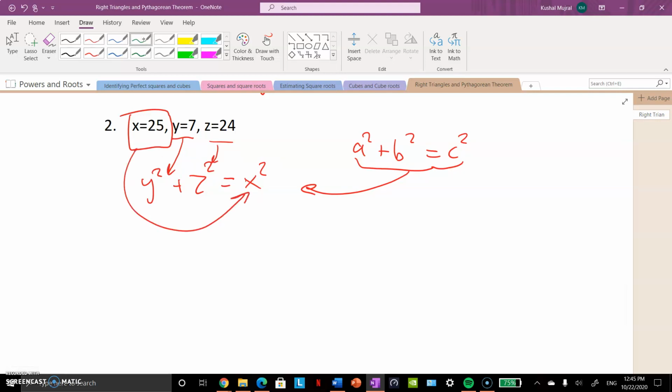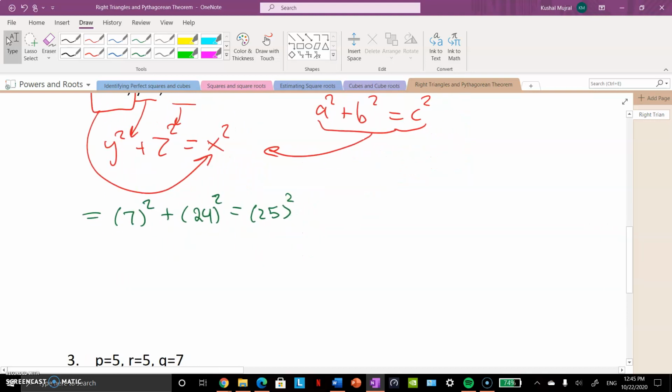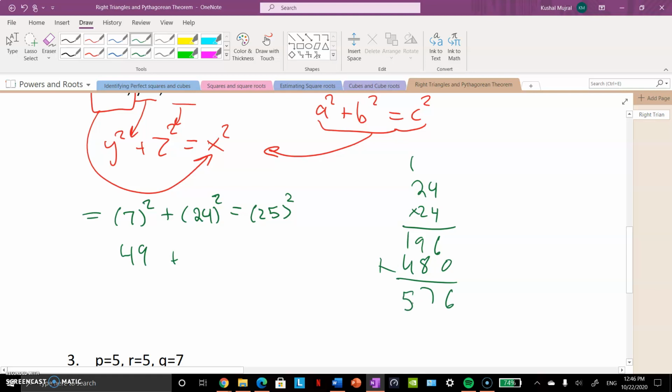So, this equals, Y is 7, so it's 7 squared plus Z is 24 squared equals 25 squared, which is X, and now we're just going to add it up. 49 plus 24 squared. 24 times 24 is 576. So 49 plus 576 equals, and 25 squared, let's take a look at that.